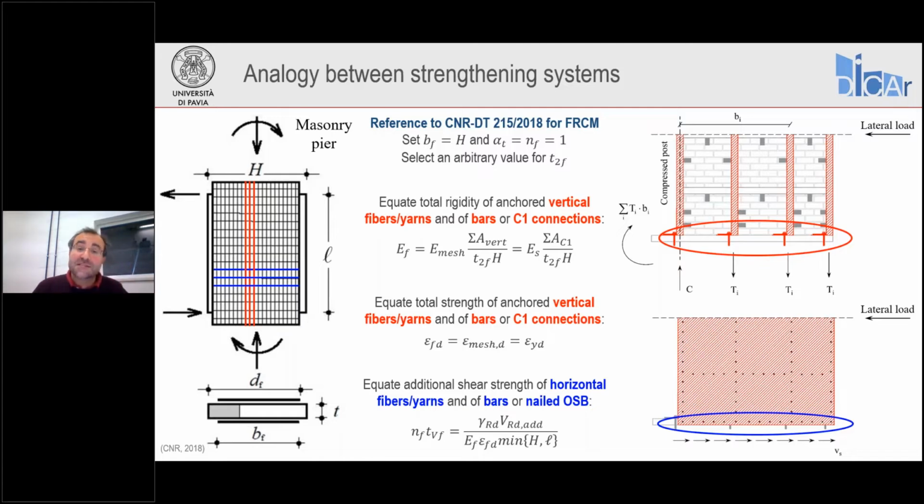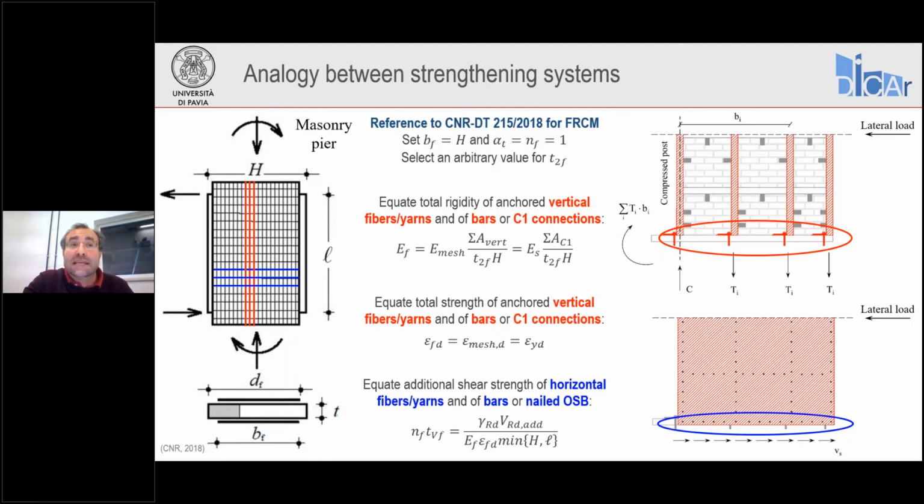So again, by doing this, we can just transform again our CRM or timber retrofit into an equivalent FRCM strengthening solution. And by doing this, again, we can take advantage of these guidelines, as at the moment we don't have guidelines specific for CRM and for the timber retrofit.